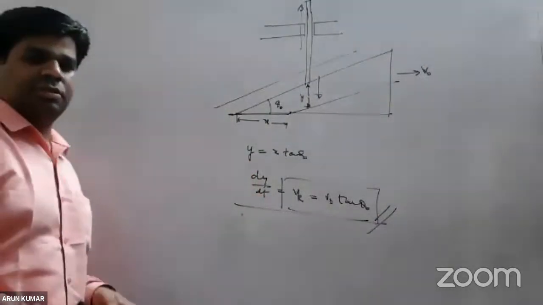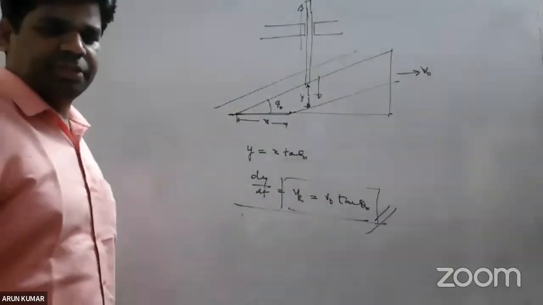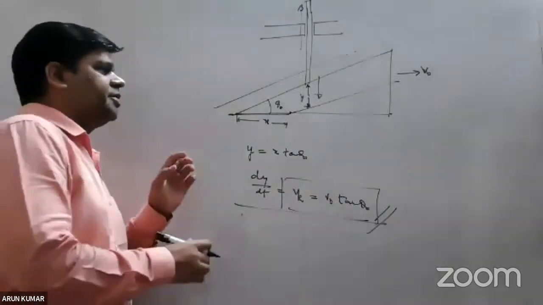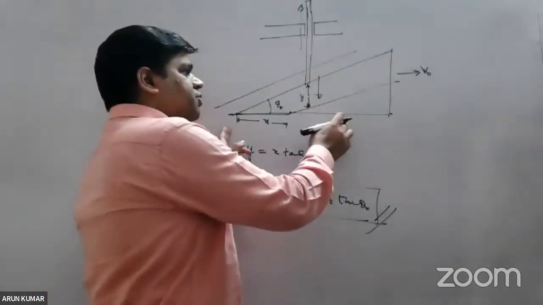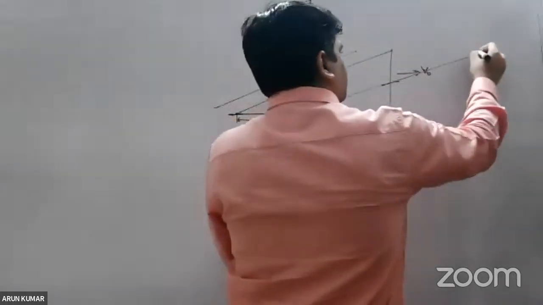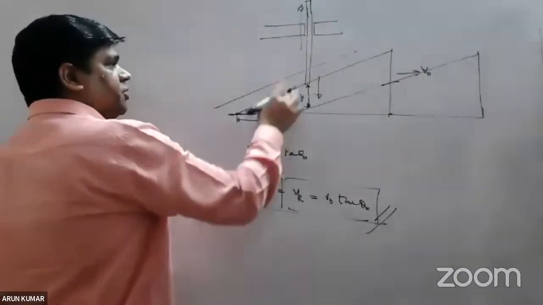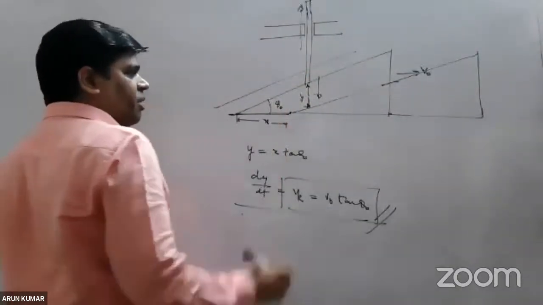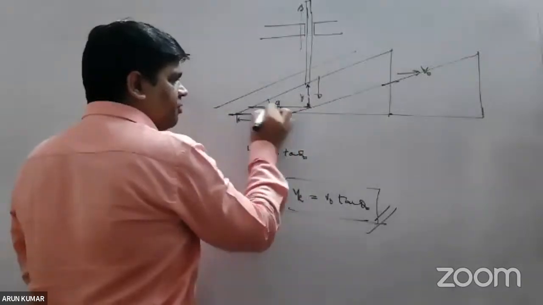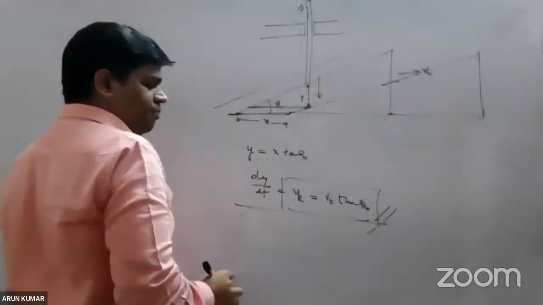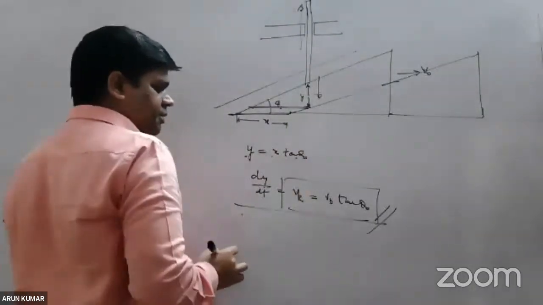Understood how I got this? By measuring the displacements. The ratio of displacements is tan theta.